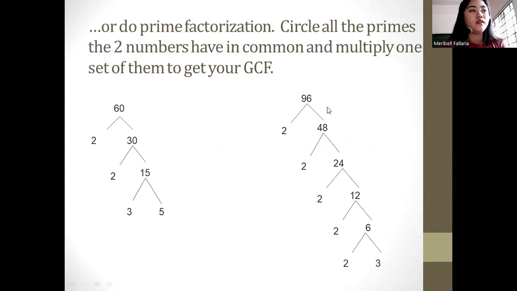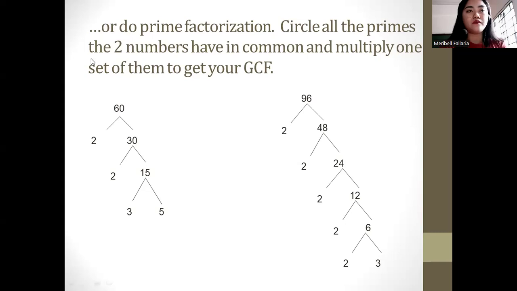Next. The method we used earlier was the listing method. For the next one, we're going to use prime factorization. We get the primes of the two numbers in common and multiply one set of them to get the GCF.